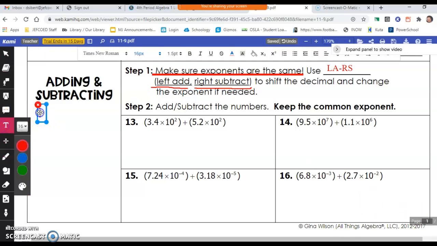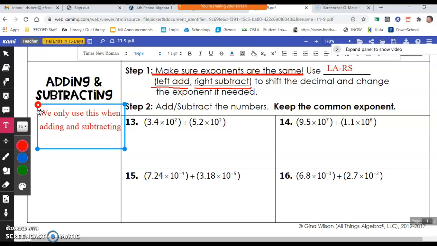Now, if you want to type this over here, we only use this when adding and subtracting numbers in scientific notation. Okay, so that's the only time that we will use this.